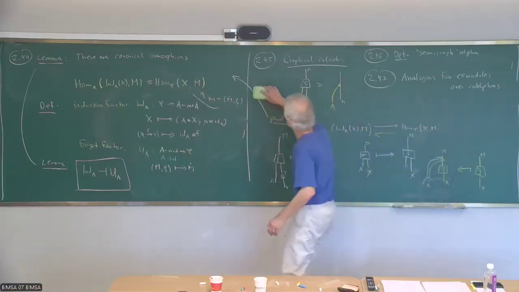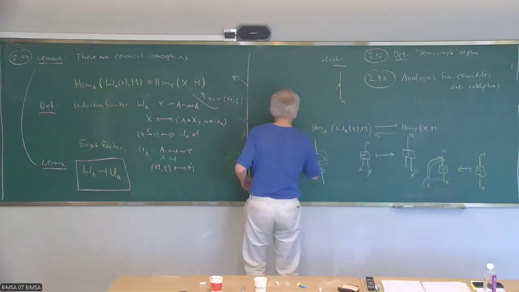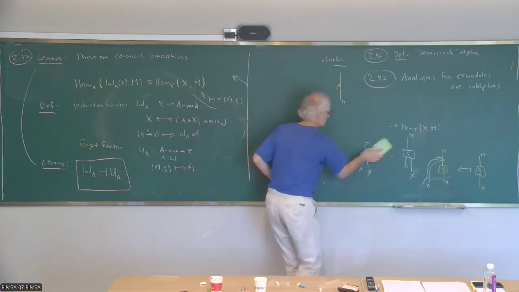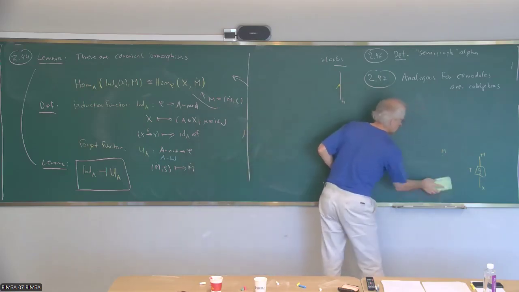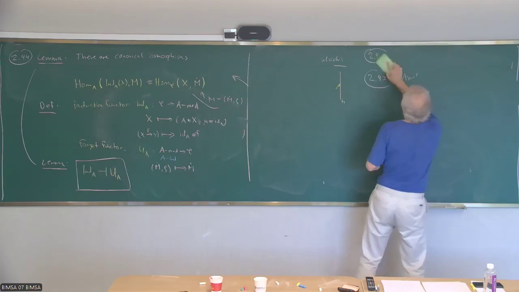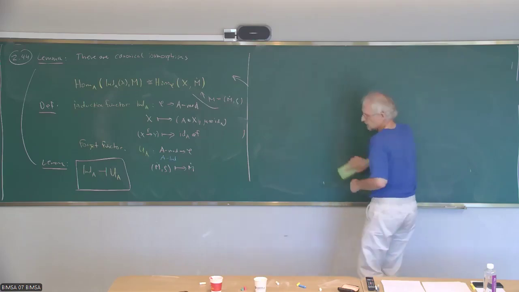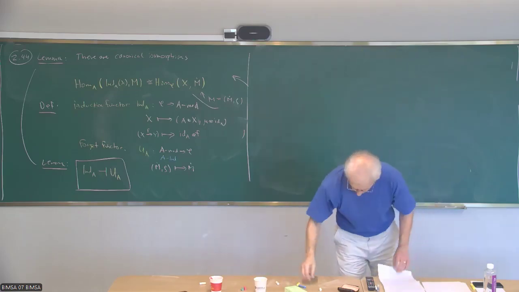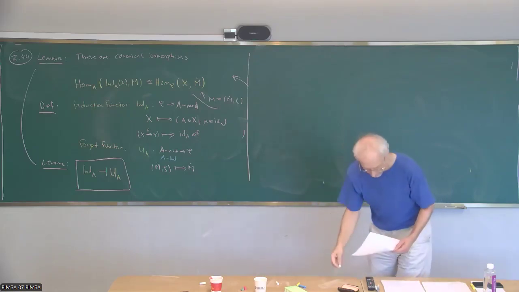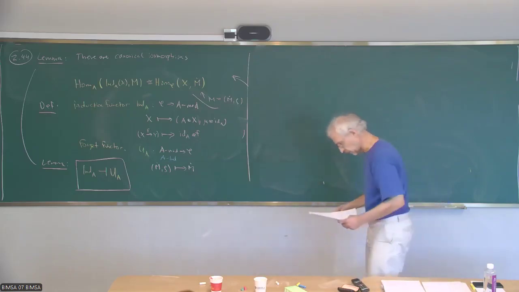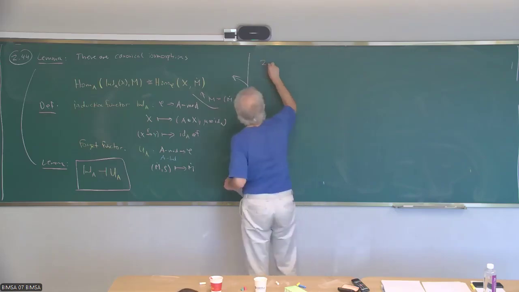So now we can continue with the general development. Come to the next subsection, which is called monoidal functors and monoidal natural transformations.